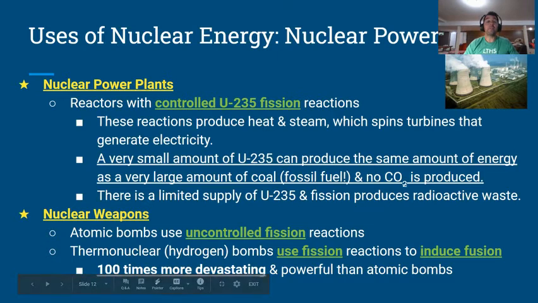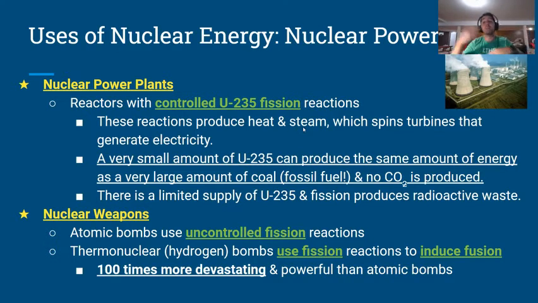All right, now there are several uses of nuclear power. Like the first one we talked about, actually both of these we talked about already, nuclear power plants. A lot of the energy, especially in Illinois, comes from nuclear power. So what happens is they go through fission, and when the stuff goes through fission, it produces heat, which heats up water and produces steam.